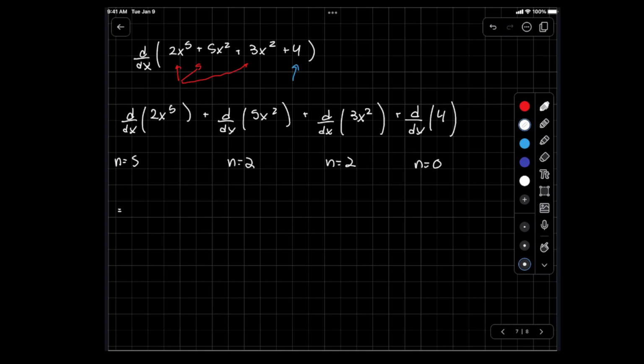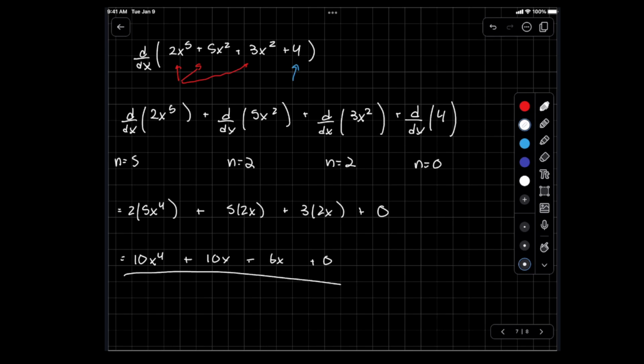So coming out to this, 2, 5x to the fourth plus 5, 2x plus 3, 2x plus 0. Fourth plus 10x, 6x plus 0. That's going to be our final answer.